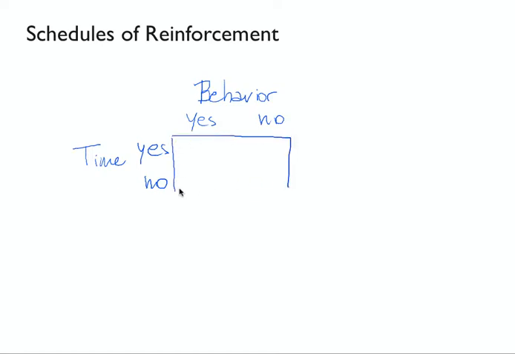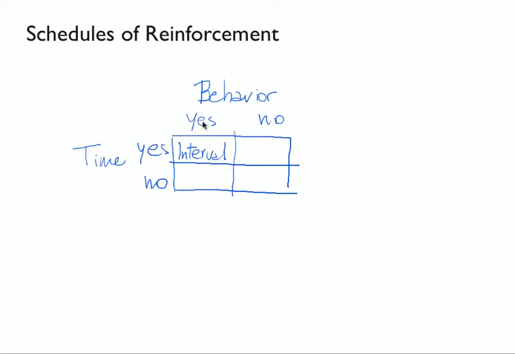This gives us a matrix. If we have a schedule where reinforcement is dependent on the behavior of the animal and on the passage of time, we call these interval schedules.